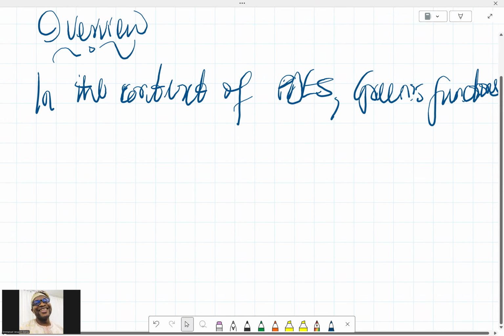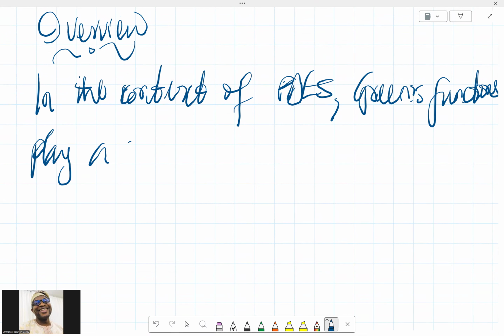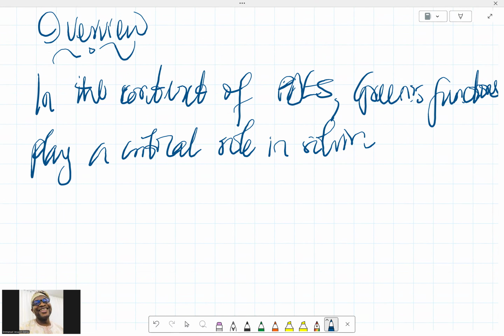So in the context of PDEs, Green's functions play a critical role in solving linear homogeneous PDEs.